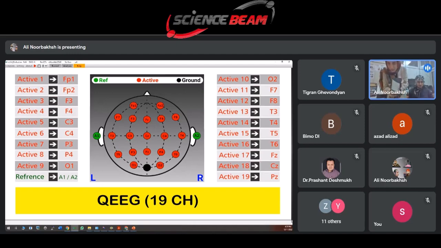This is the amplifier, E-wave device. There are three ports for this cap.